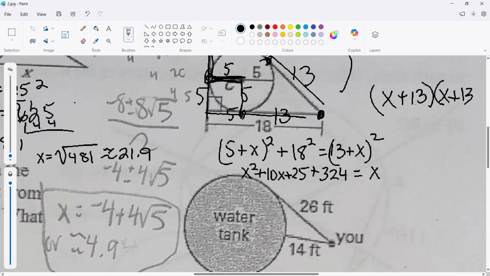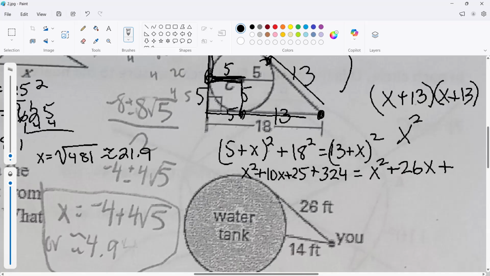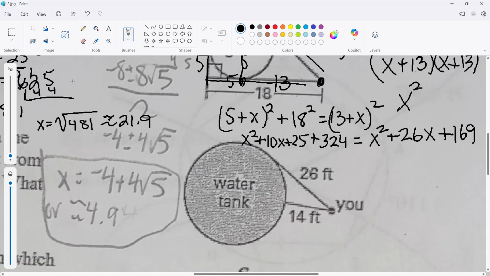Okay. So I get x squared plus 26x plus 13 squared, which I believe is 169, is plus 169. Okay, so now I'm subtracting 10x from both sides. The x squares cancel. This is 16x.